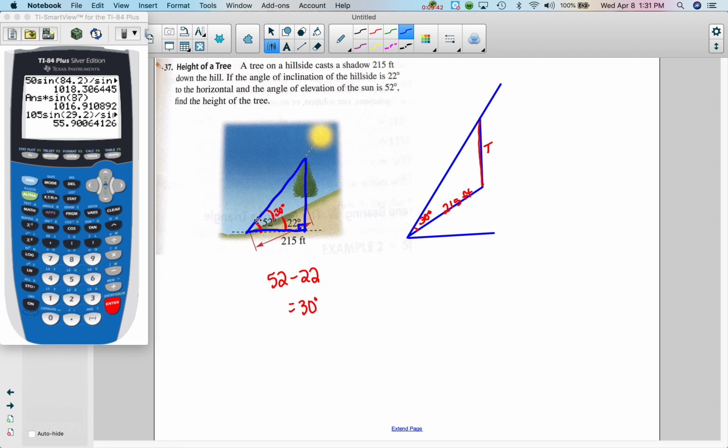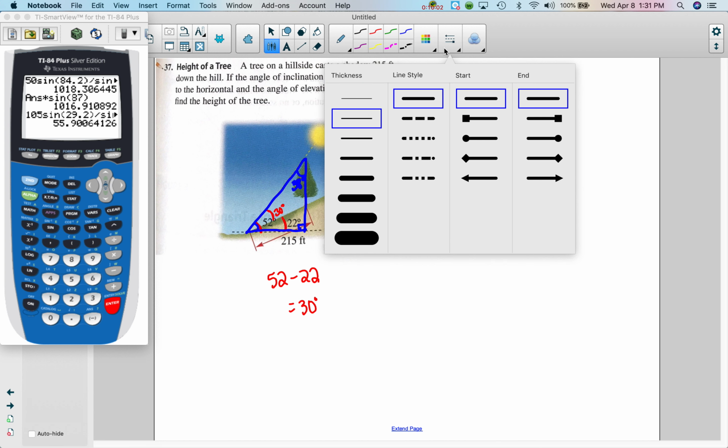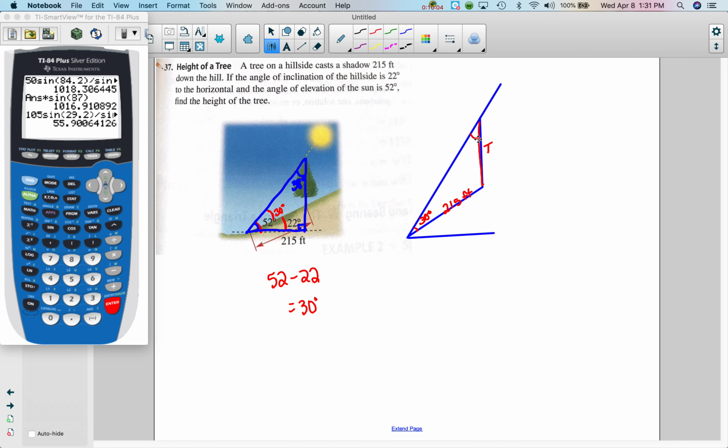Now we know that this is 52 degrees. We know this is 90 degrees, which means I can figure out this. So this has to be 38 degrees, so that whole triangle adds up to 180. Well, that corresponds to this part right here. So this is 38 degrees.